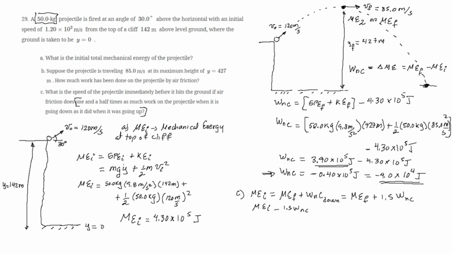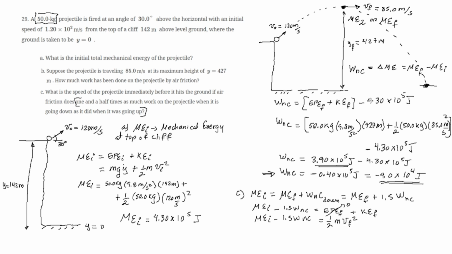In this final, the gravitational potential energy is 0 because it's hitting the ground, so at ground level, plus the kinetic energy final, 1/2 the mass times the final velocity squared.